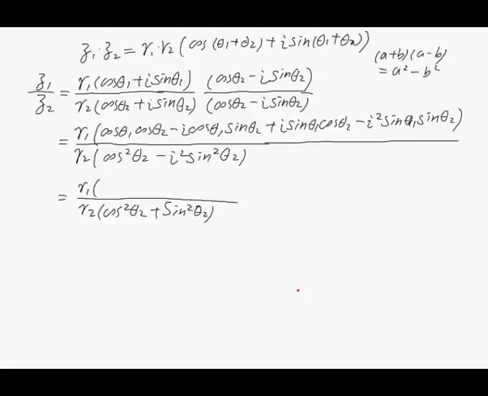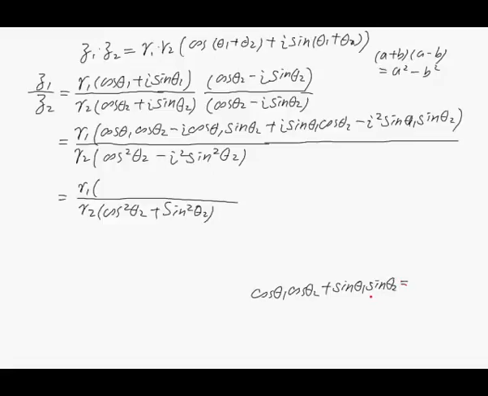Let me write this right here. So you have cosine theta 1 times cosine theta 2 plus sine theta 1 times sine theta 2.